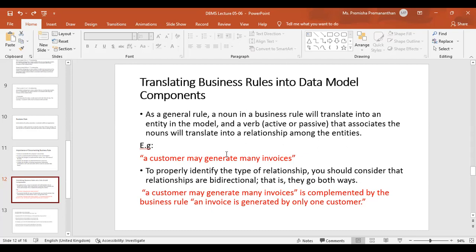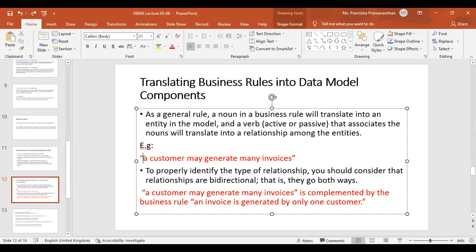When it comes to translating this business rule into a data model, the relationship here is one to many. A customer, they clearly say a customer, so it's one.